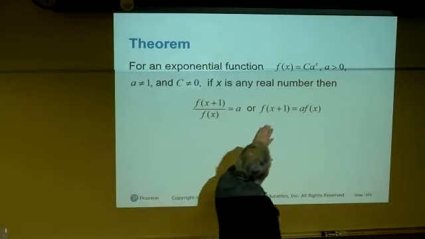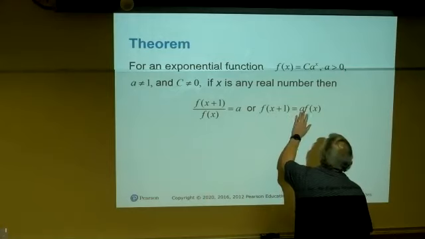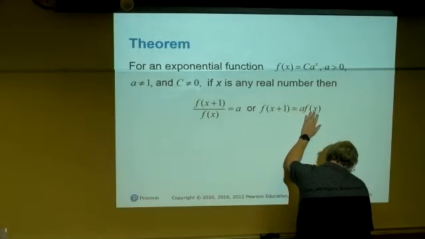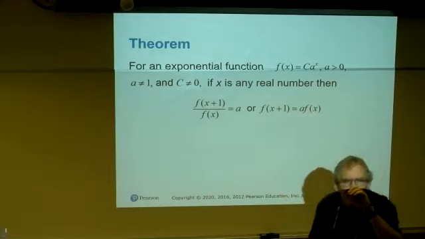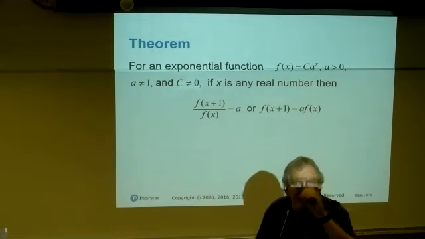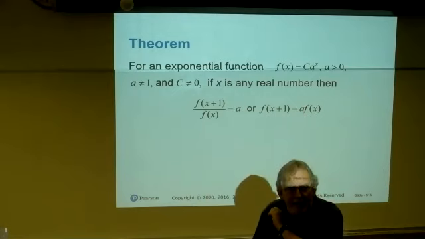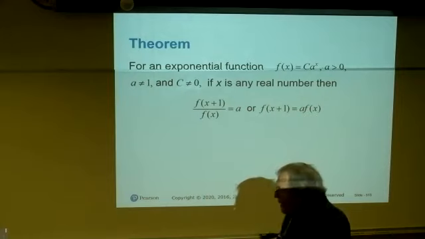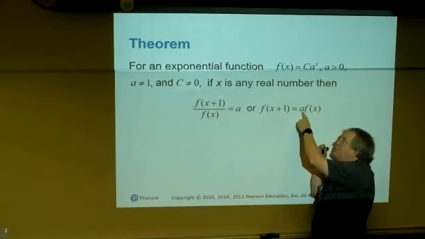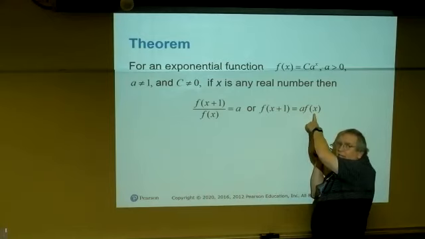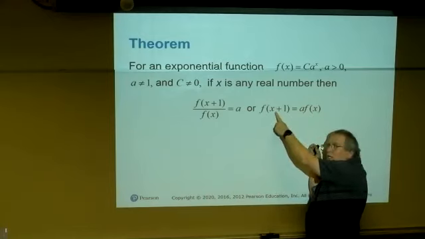Or f of x plus 1 is a times f of x. Since x is the exponent, and it tells you how many times you're multiplying by a. If I multiply by another a, then that's just increasing your exponent by 1.